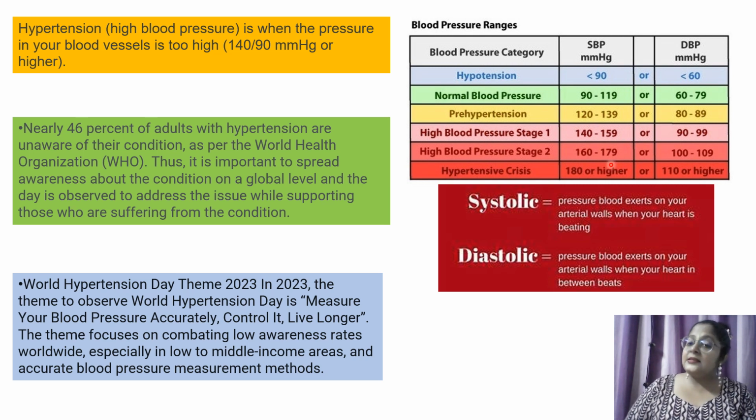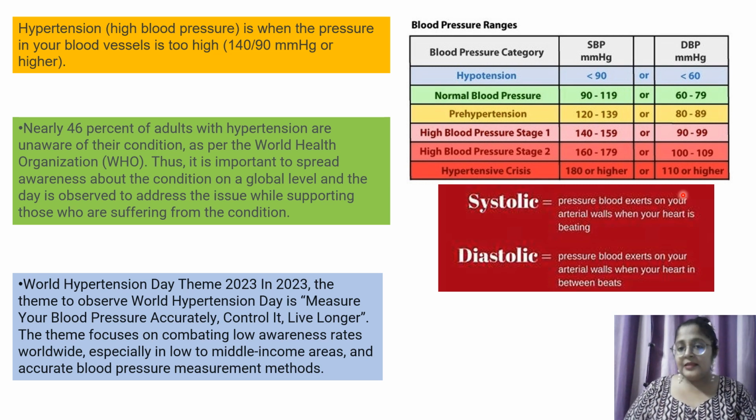When it is 160 to 179 mmHg and the diastolic is between 100 and 109 mmHg, it is known as high blood pressure stage 2. Hypertensive crisis, that means when you need medical emergency, is when the SBP is 180 or higher and the DBP is 110 or higher.